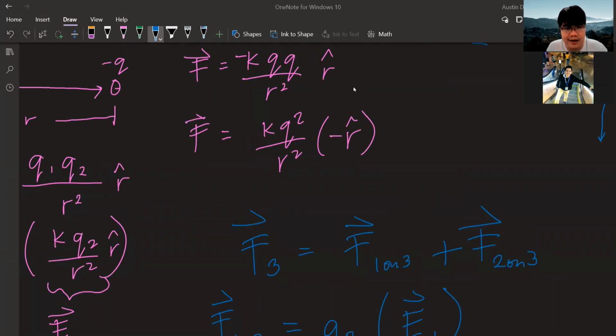Sir, question. Bakit po naka-attach kay r hat yung attraction or repulsion when it's the unit radial vector po? Hindi po ba dependent on the position lang siya? What do you mean?